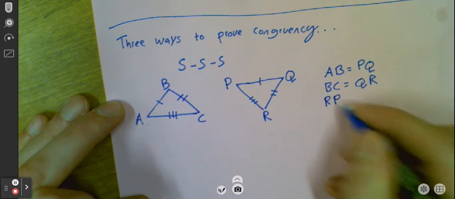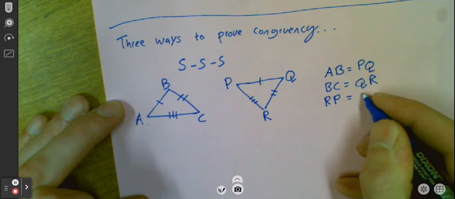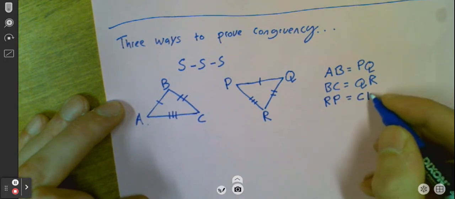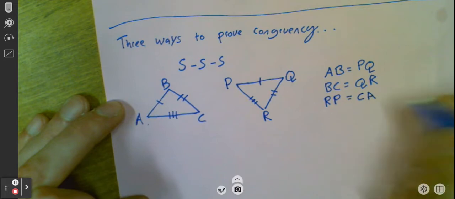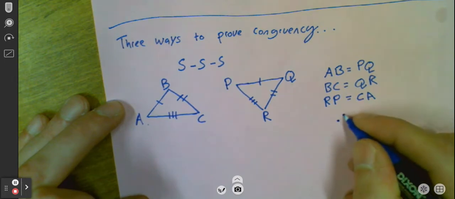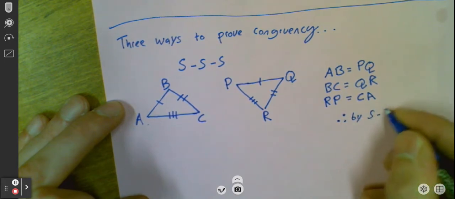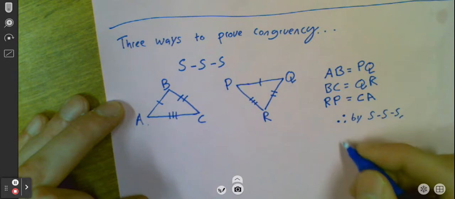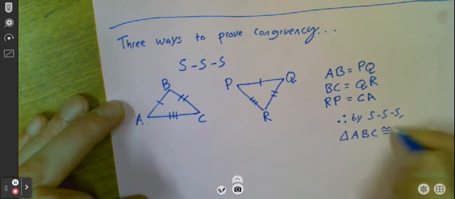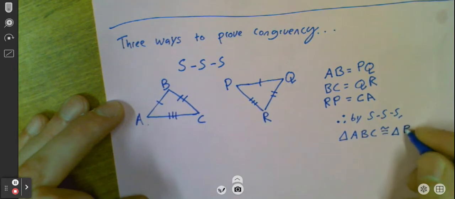And then RP is the same as CA. And maybe I should have put those in a different order. But I'm showing that all three sides are equal in the corresponding triangles. And therefore, by SSS, we know that triangle ABC is congruent with triangle PQR.